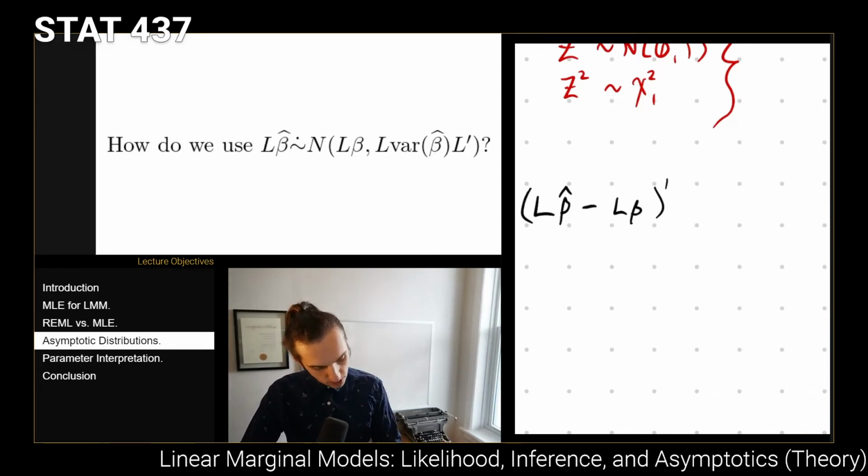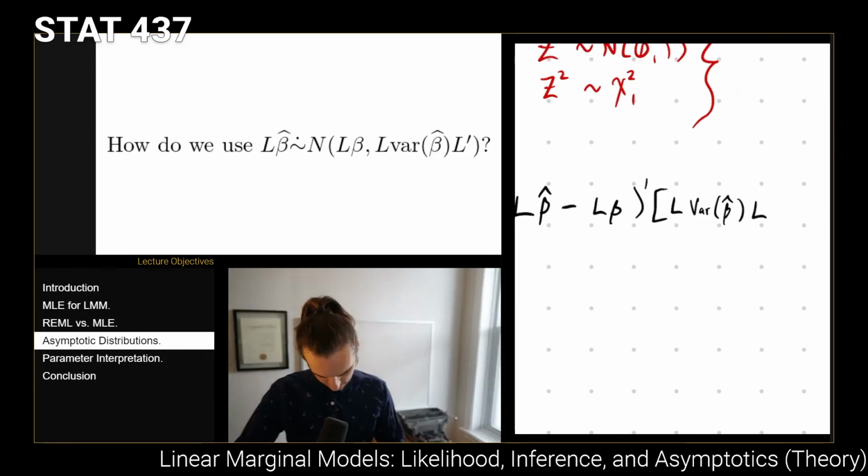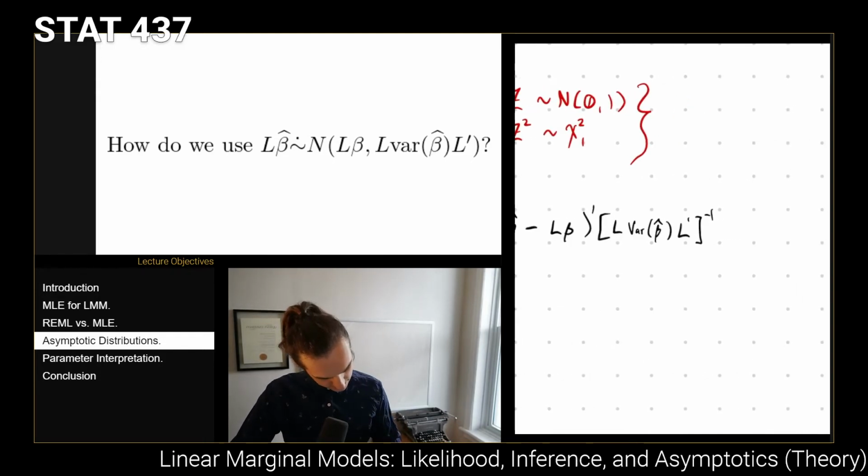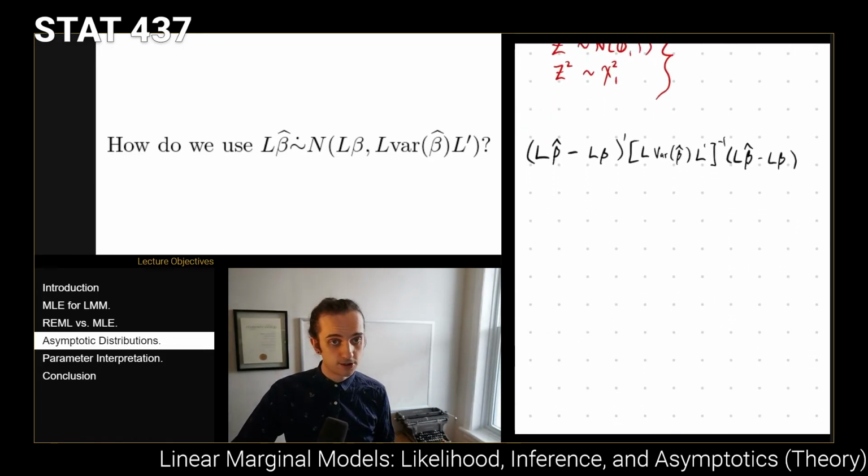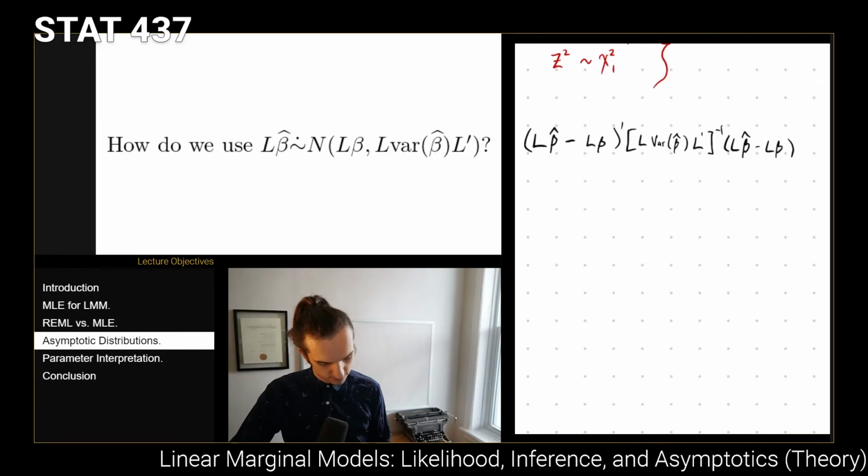And so if we multiply this by the inverse of our variance here, L var of beta hat L transpose inverse, and if we then take the same term again, L beta hat minus L beta, this quadratic form, right, we have essentially a standard normal times a standard normal, so we're going to get some sort of chi-squared out of it.